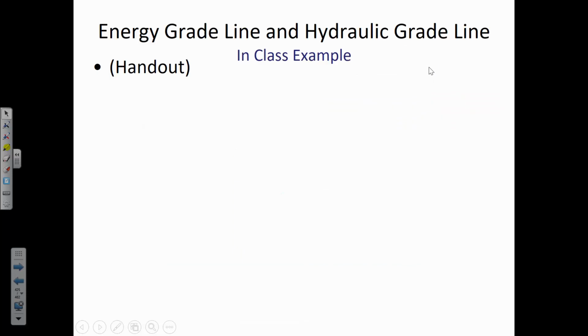Okay, I want you to get some practice drawing these. The first time you have to draw an energy grade line or a hydraulic grade line, it's hard to do because you don't know exactly how steep to make the line. So you can work with this either individually or with a classmate if you want to talk through it. It helps if you've got a little ruler, or maybe you can use a credit card for the straight edge.